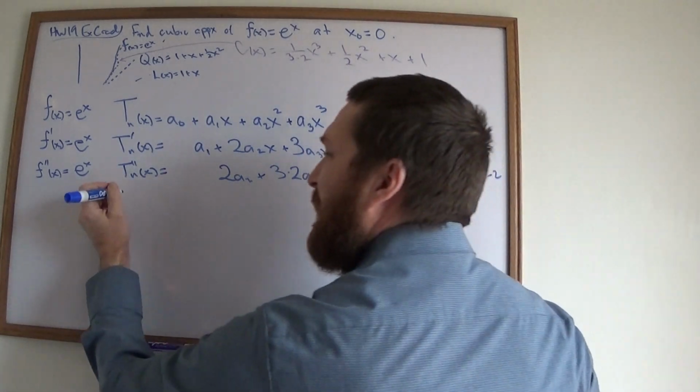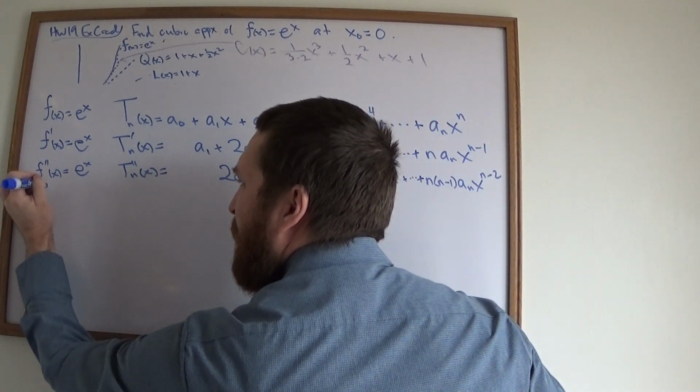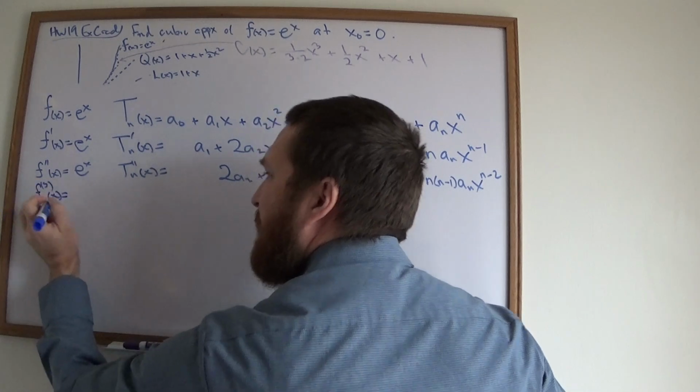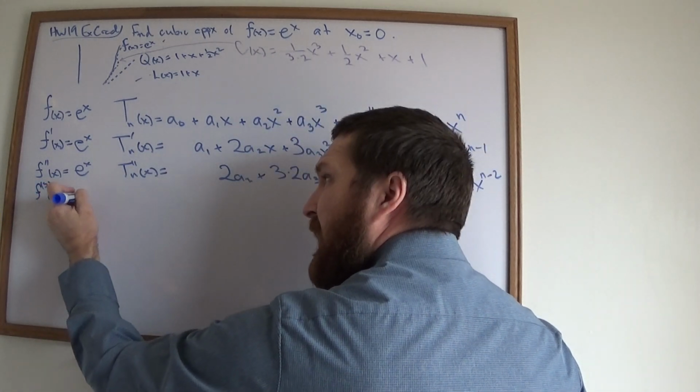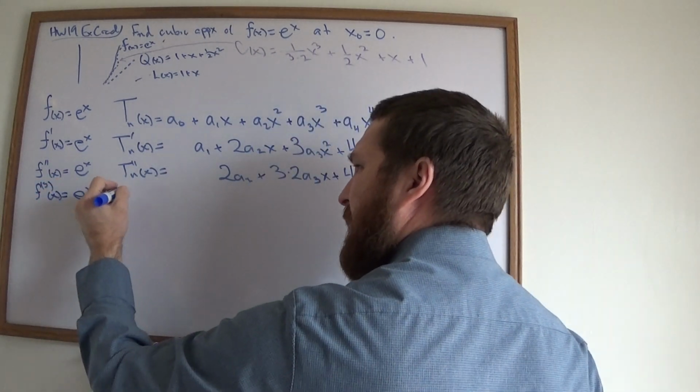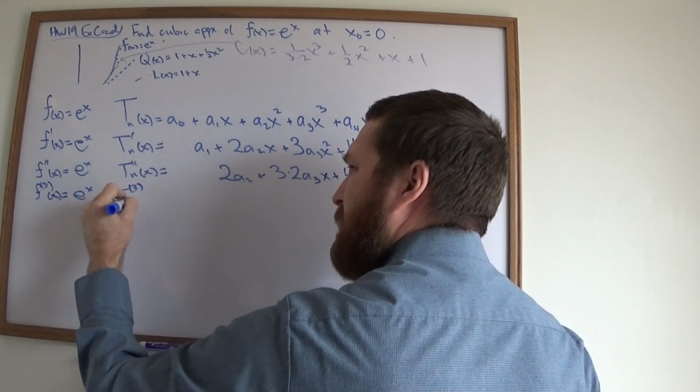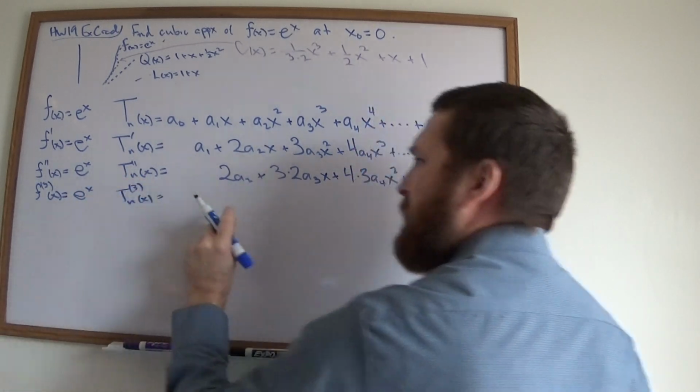Let's keep going. We take the third derivative of e to the x, and what do we get? e to the x. You sure about that? Yes. Okay. Now I take the third derivative of my polynomial approximation, and what happens?